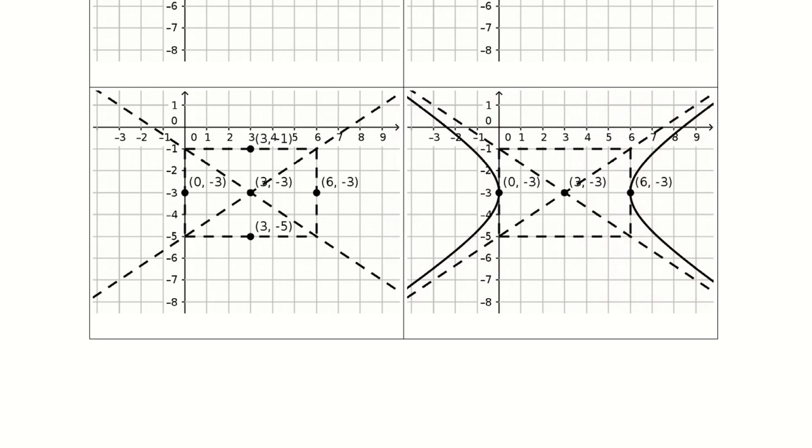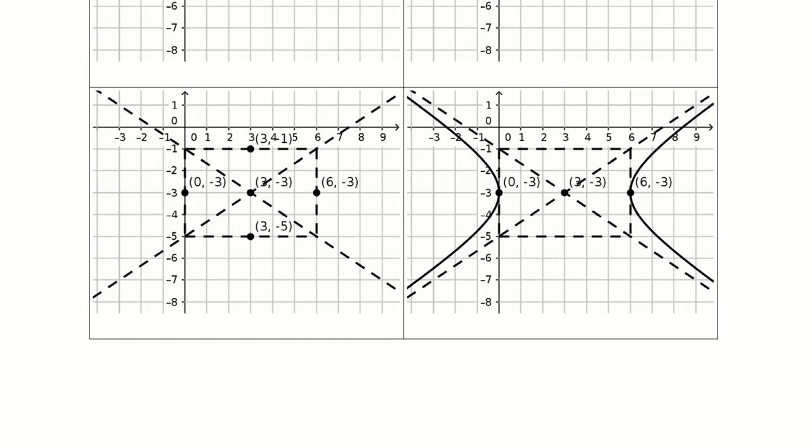branch. Now let's talk about why those diagonal dashed lines are called asymptotes. I think you can convince yourself just by looking at this example that that solid line that represents the hyperbola itself, everything else is just a way of us being able to graph it easily.